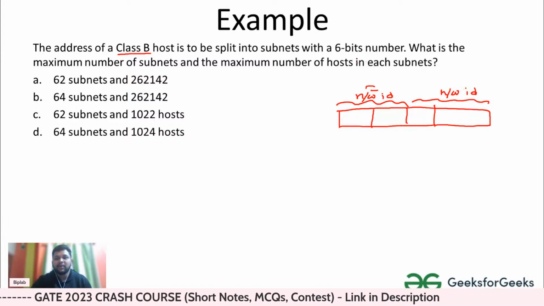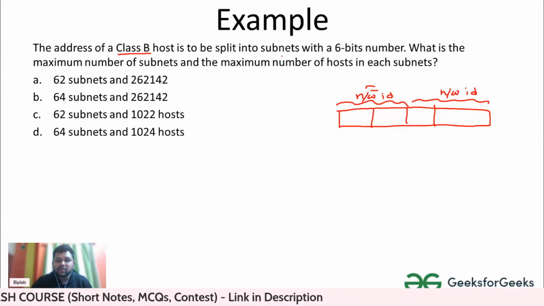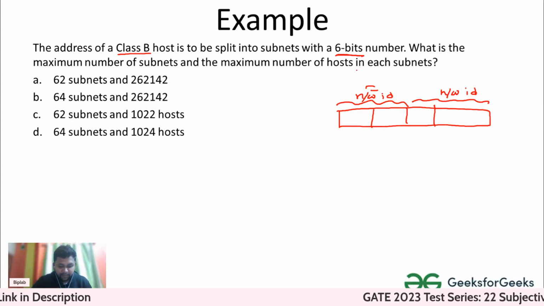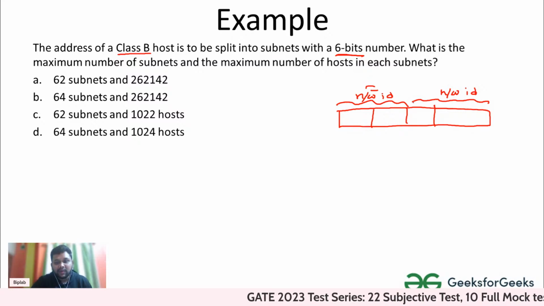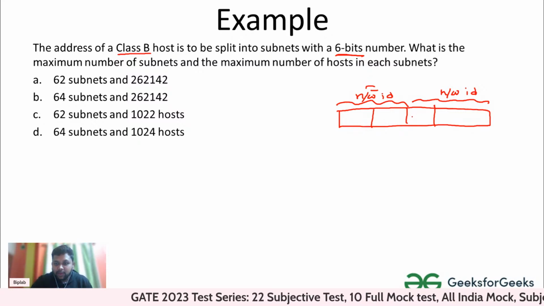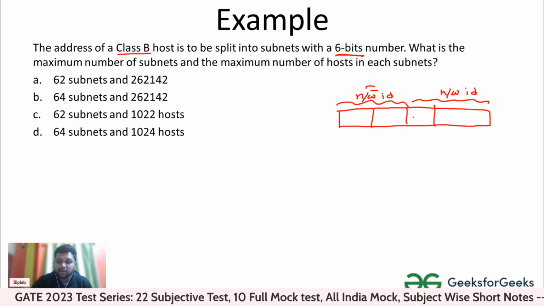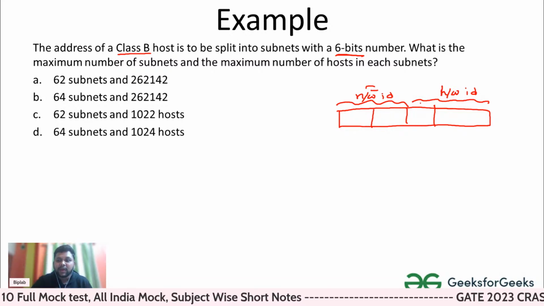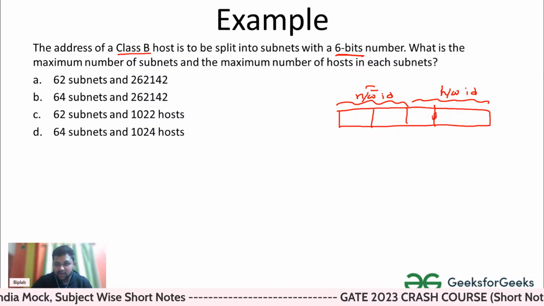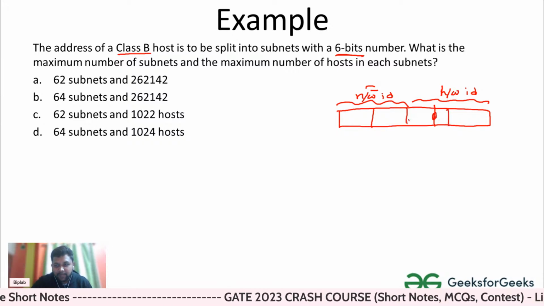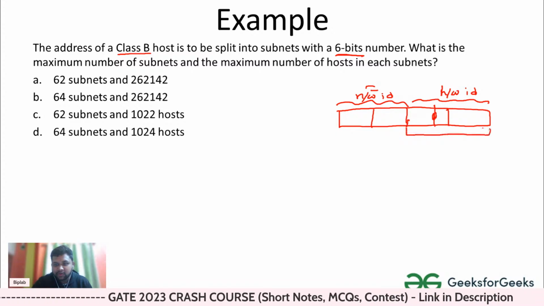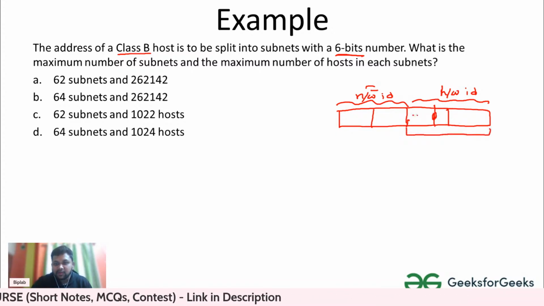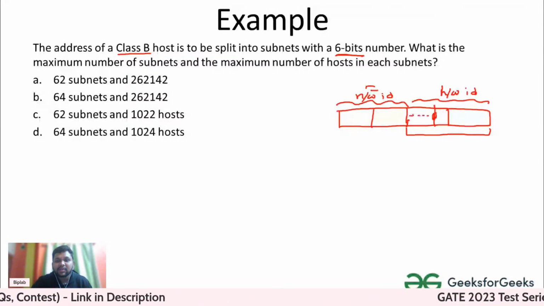Now this has to be split into subnets with a 6-bit number. That means you will take 6 bits for your subnet ID. You will take this from the host ID, from the whole host ID. From here you take a 6-bit number for your subnet ID.